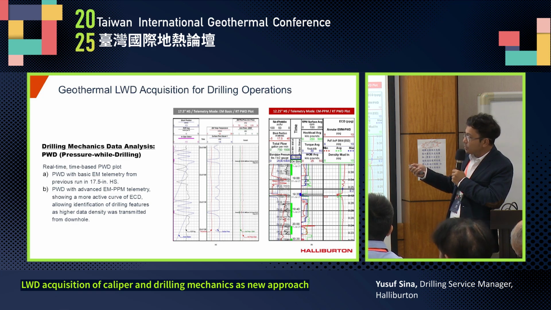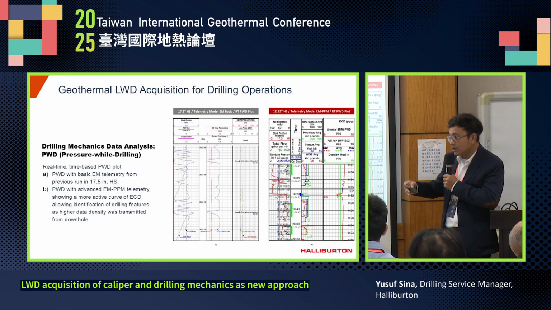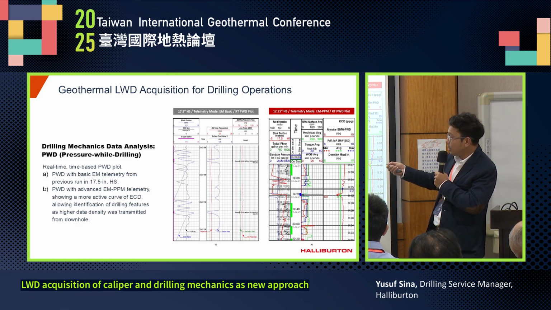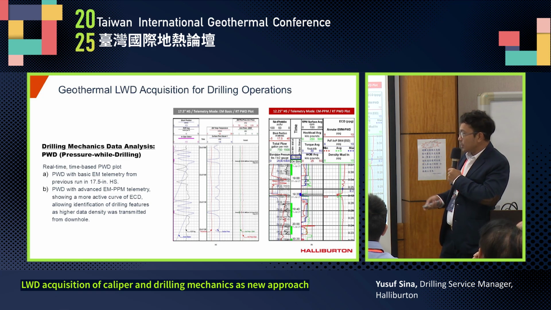Using basic EM, the PWD or ECD data is less dense compared to the 12 1/4 section, because in the 12 1/4 we have our HSIM processor and use the EM PPM, a much higher data rate than the previous 7.5 inch section. So the ECD comparison is more dense and more detailed compared to the previous hole, because of the EM PPM that we use in the 12 1/4 hole section.